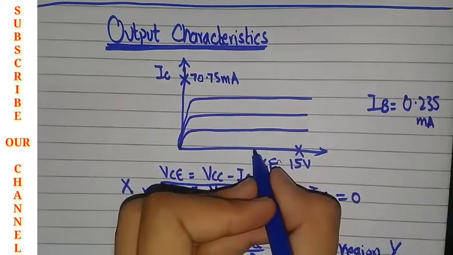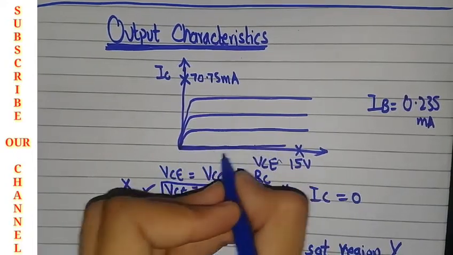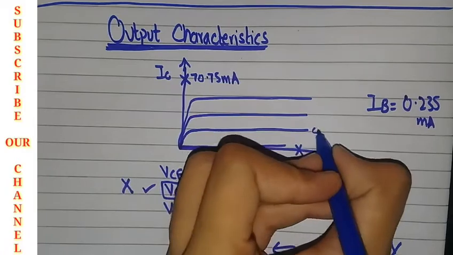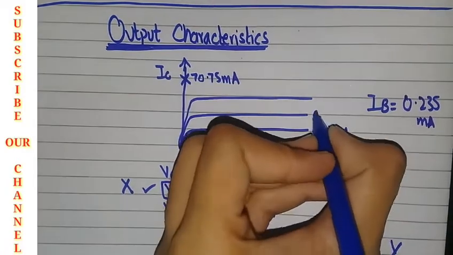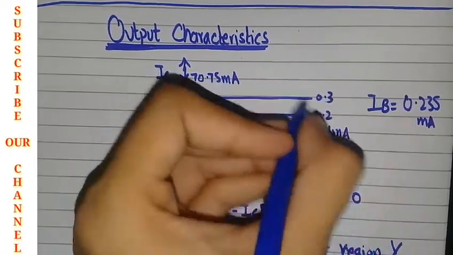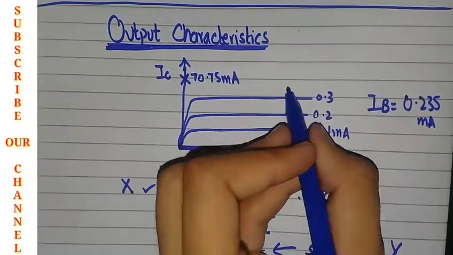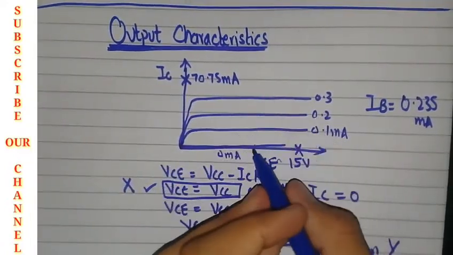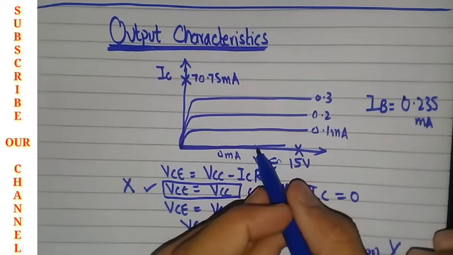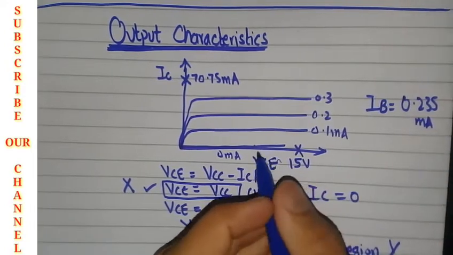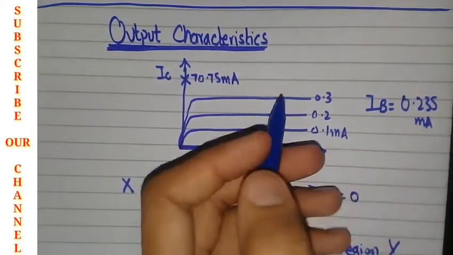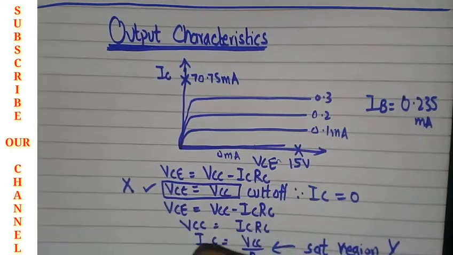So this will be 0 milliamps, this will be 0.1 milliamps, this will be 0.2 milliamps, 0.3 milliamps, and so on. When it shifts towards the x-axis, its value will be decreasing, and when it moves toward the y-axis or upper side, the value of IB will increase.